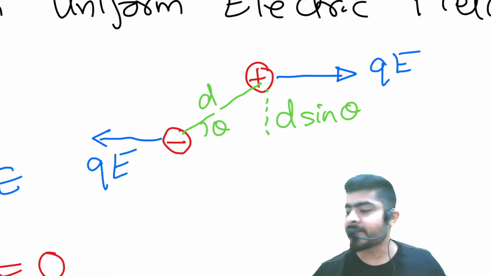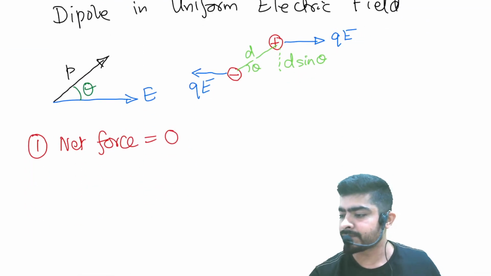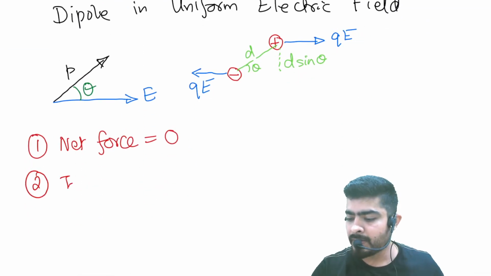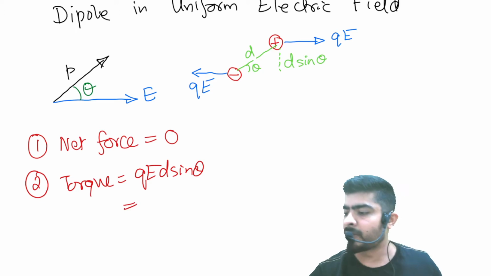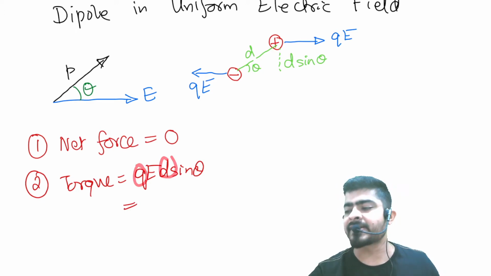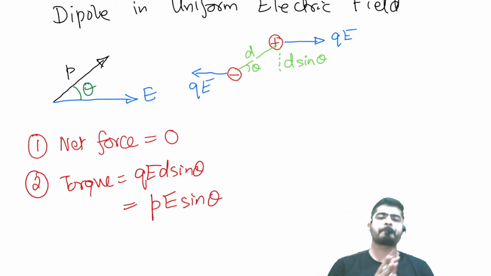So the torque is given by QE into d sine theta. So I can write down over here, torque equal to QEd sine theta. So that is equal to, q times d is the dipole moment, so PE sine theta.